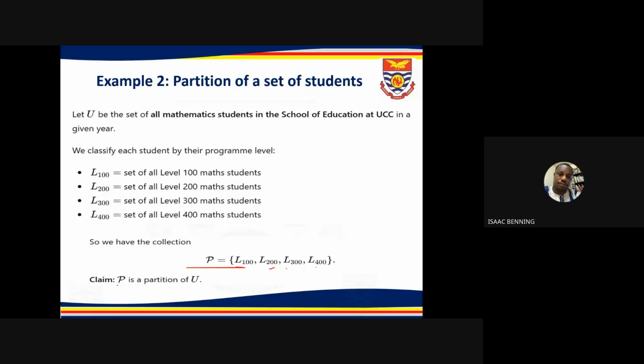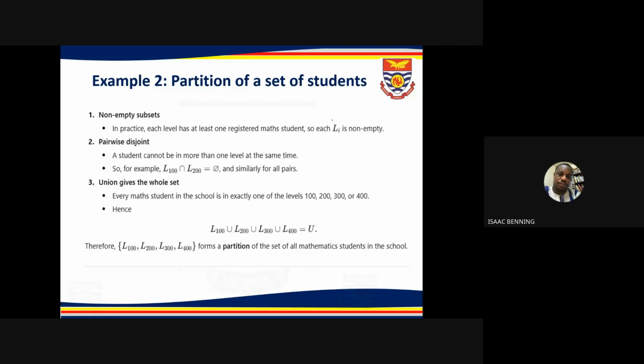Can we claim that set P is a partition of the universal set, where the universal set is all the mathematics students in the School of Education? Can we claim that? Yes, please. So this is the elaborate illustration. In practice, each level has at least one registered math student, so there wouldn't be any empty set.